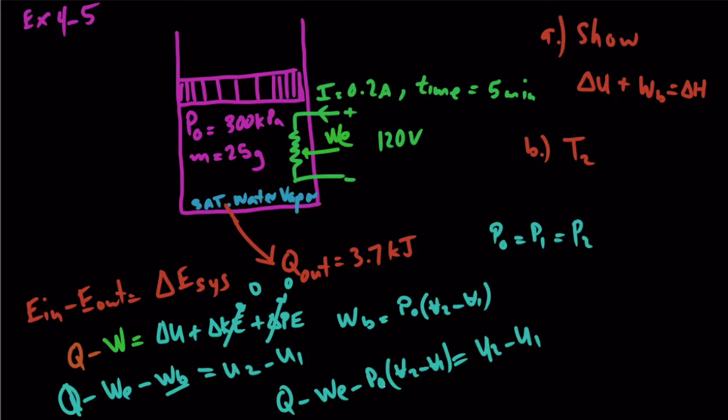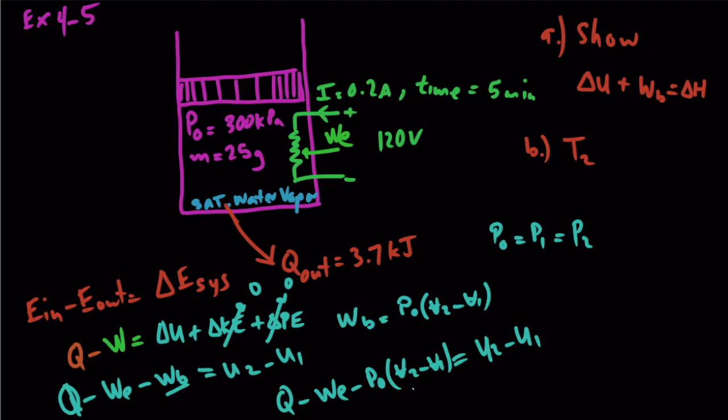So when we multiply P naught times V2, we change the naught symbol into a 2, and when we multiply P naught times V1, we change the naught symbol into a 1, because all these pressures are equivalent. So when we multiply by pressure, we get two terms, and we change the subindex accordingly.